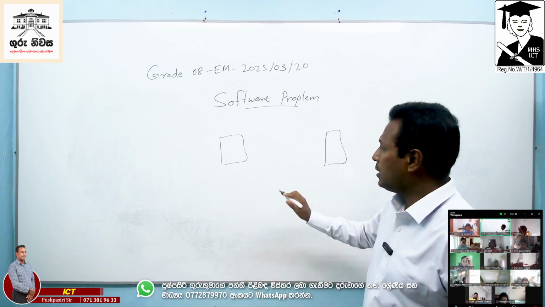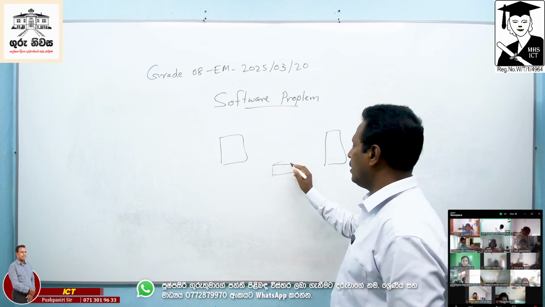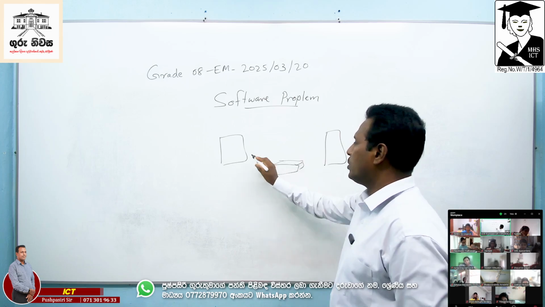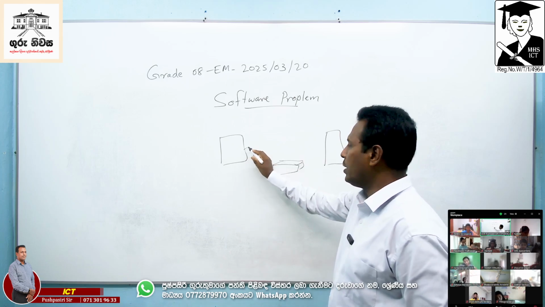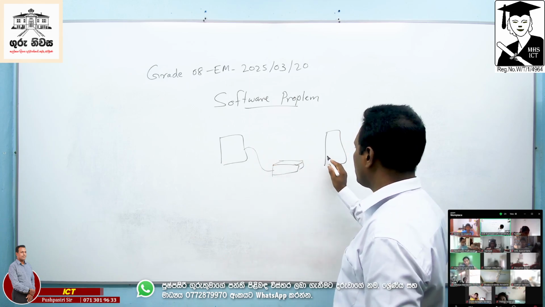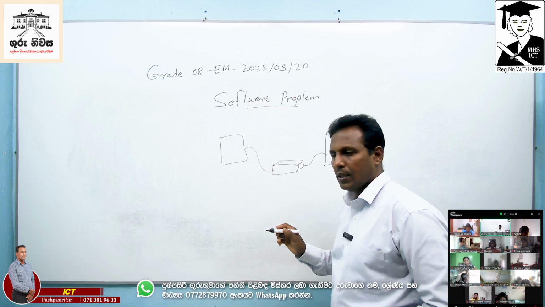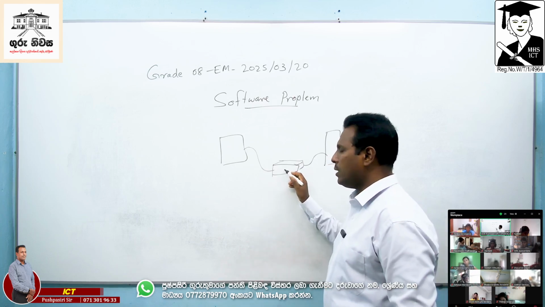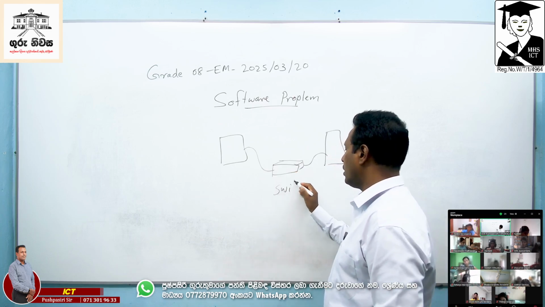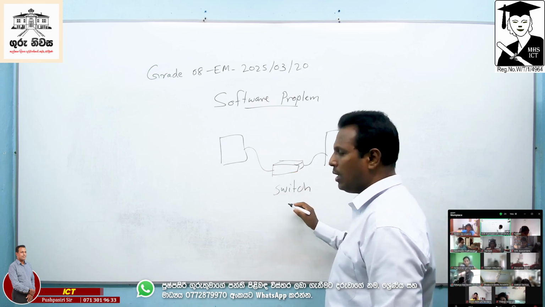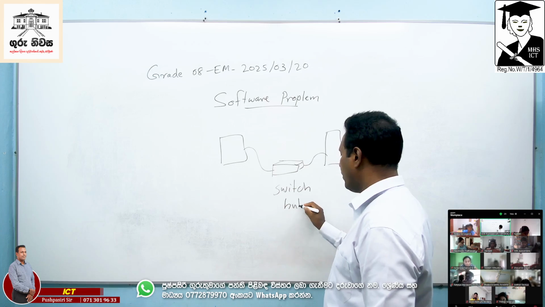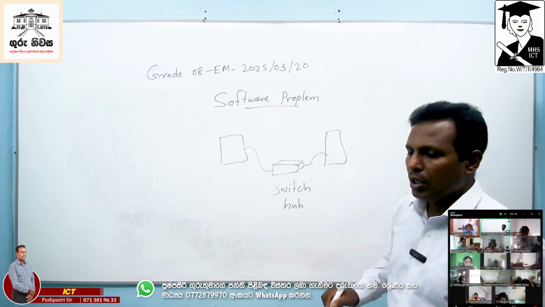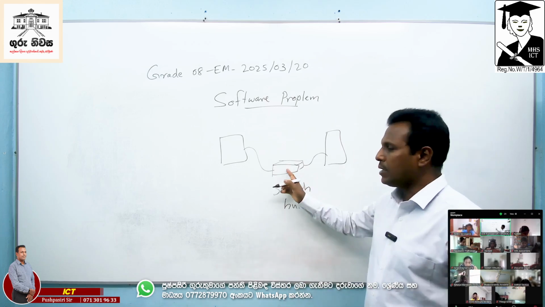There is a switch, right? From this computer a cable comes to here, from this computer a cable comes to here. So this is a switch, maybe a hub. Switch or hub is connected to each other.